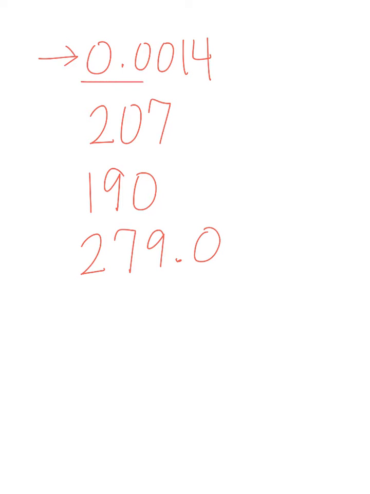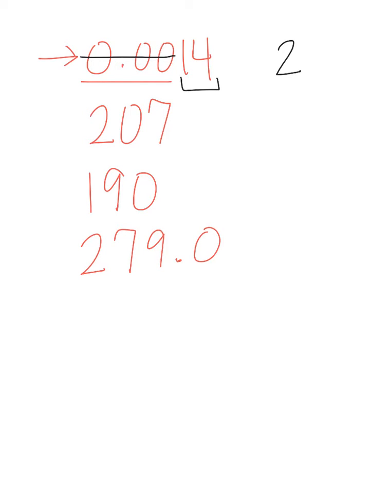In this particular number, we have these zeros in the front. When we have zeros in the front like that, we call those leading zeros, and they are just placeholders. So the rule for leading zeros is leading zeros never count. These zeros here don't count. Therefore, this number contains two sig figs, just the 1 and the 4.